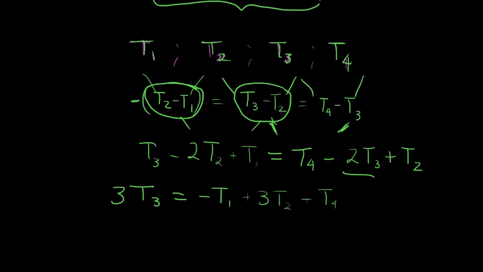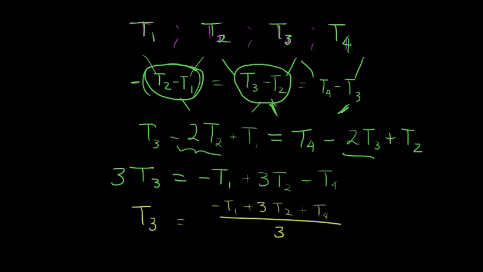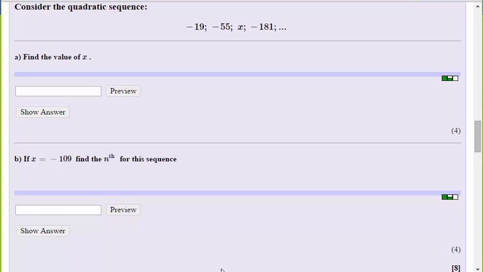Is that okay? And so term 3 is just equal to negative term 1 plus 3 terms 2 plus term 4, divided by 3. So that's negative term 1 plus term 4 plus 3 terms 2.